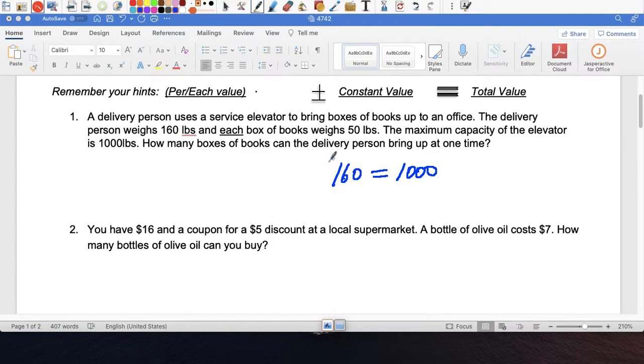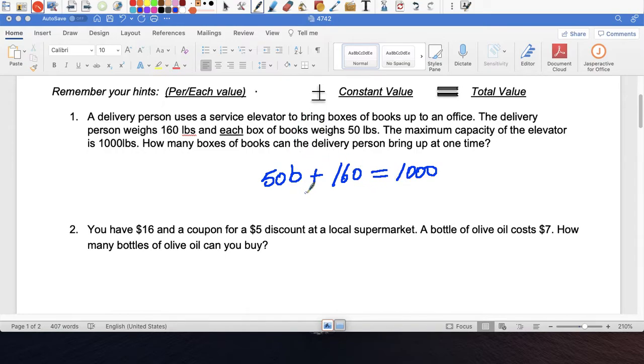And how many books can we bring? Well, it's going to be 50, and let's call it B. 50 times B, right? 50 pounds times however many boxes of books. Plus his weight has to equal 1,000 pounds.